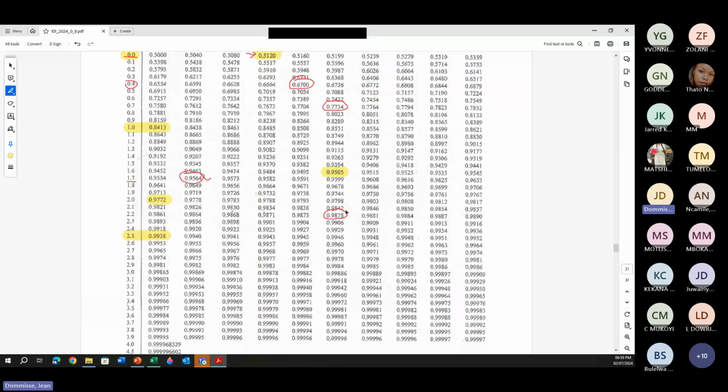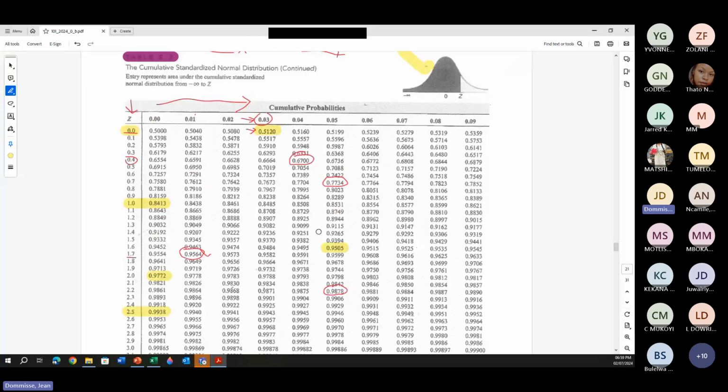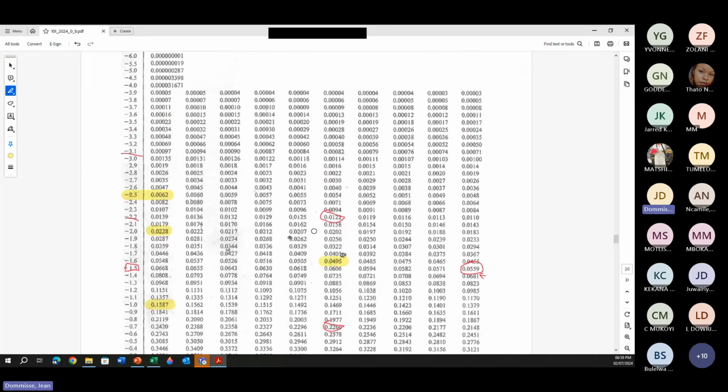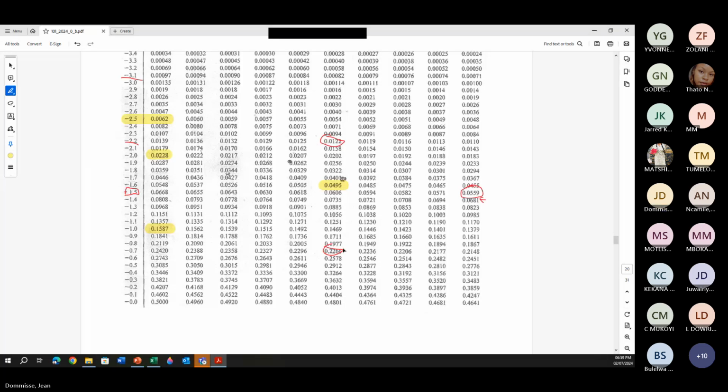That's why I said it's the inverse, because we're looking for the probability of 0,0082. Okay. Minus 2,39. Okay, cool.